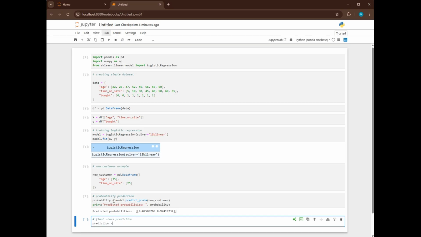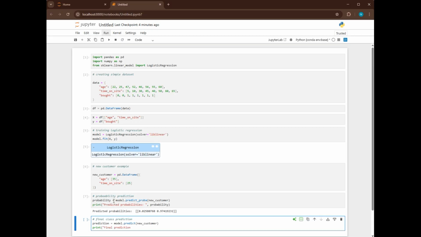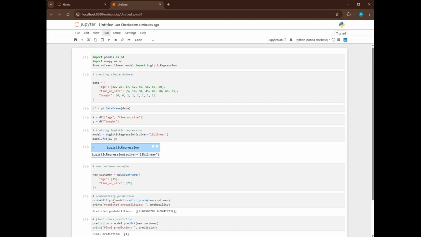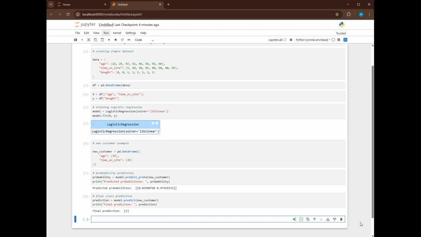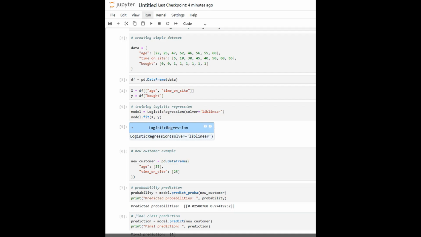Only after that, we apply a threshold, usually 50%, and convert this probability into a final decision. And this is the moment where logistic regression becomes classification. So, logistic regression doesn't directly make decisions, it predicts probabilities, and we decide how to use them.